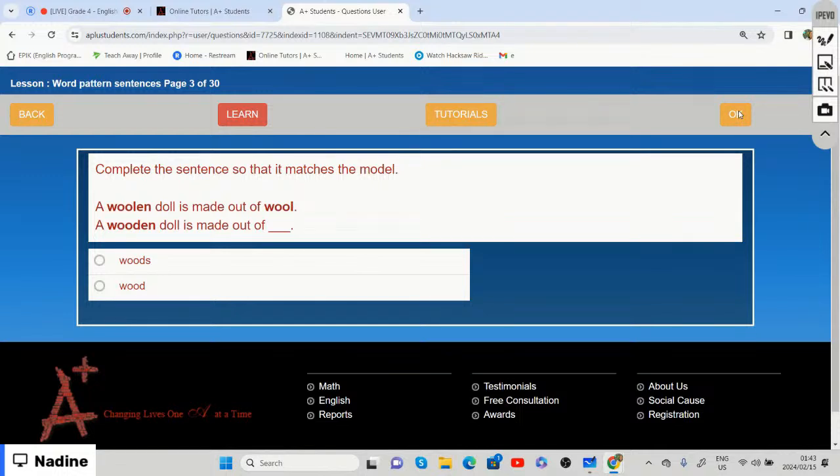All right, so if we complete the sentence, a wooden doll is made up of wood. Because it's a wooden doll, right?